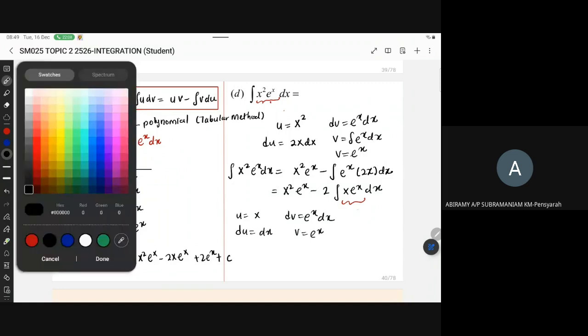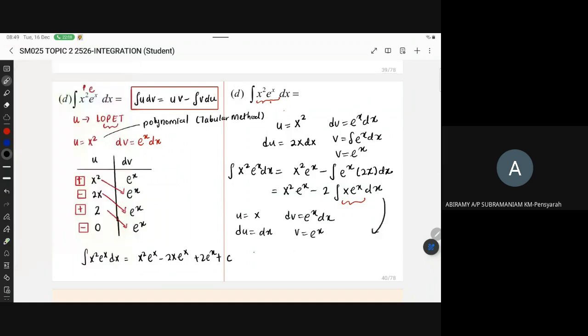So here this will become x squared e^x minus 2. Now we key into the formula uv minus integral of v du. So uv is x e^x minus integral, where v is e^x and du is dx.